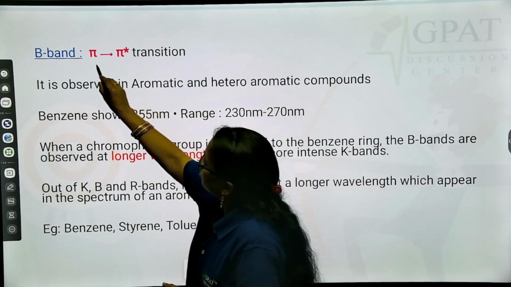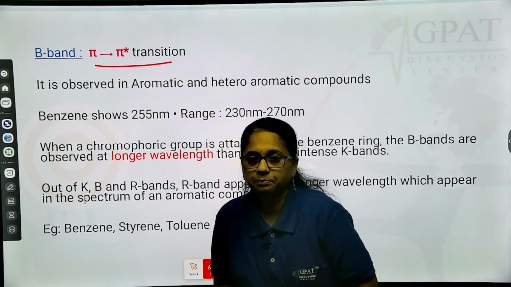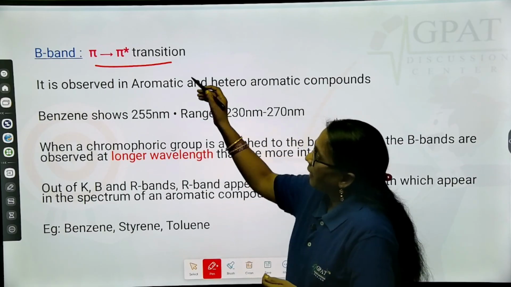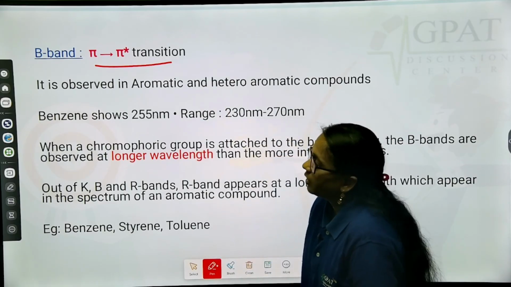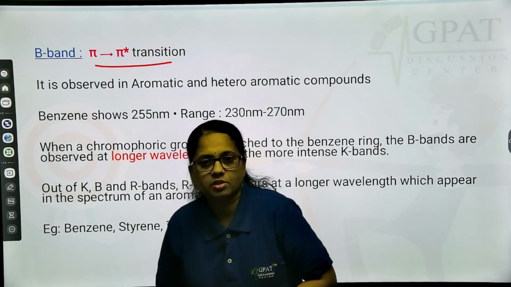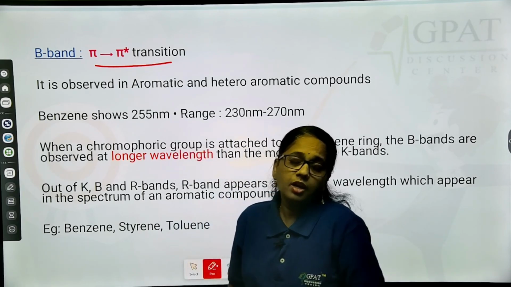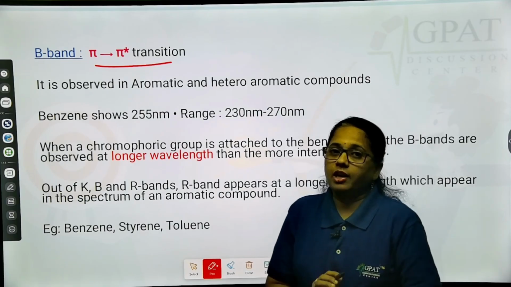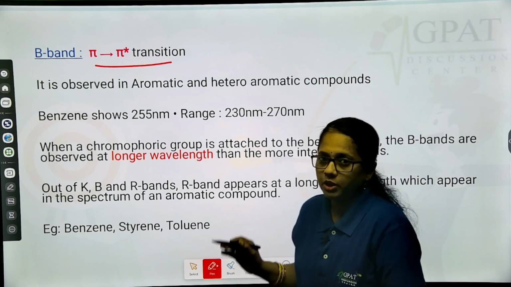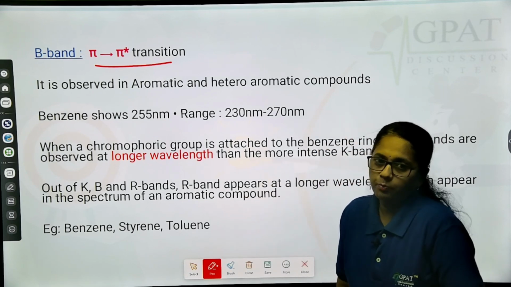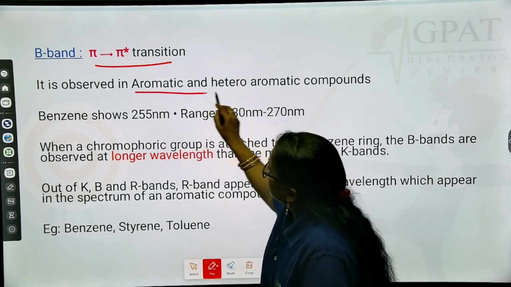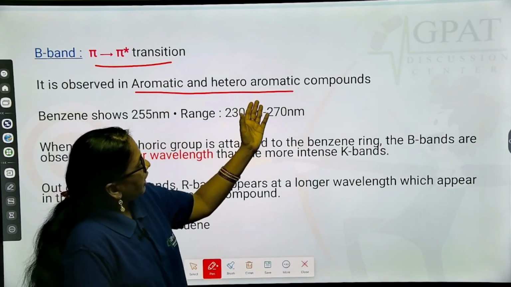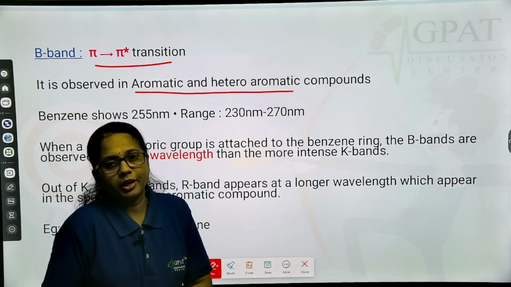The absorption observed as the B band is due to pi to pi star transitions, okay. Pi to pi star transitions mean pi electrons are involved. That means, in unsaturated compounds, the electrons in the unsaturated bonds are involved in giving this B absorption band, okay. That's why you see these B bands in aromatic and heteroaromatic compounds.